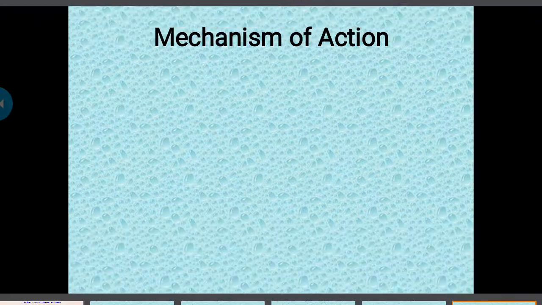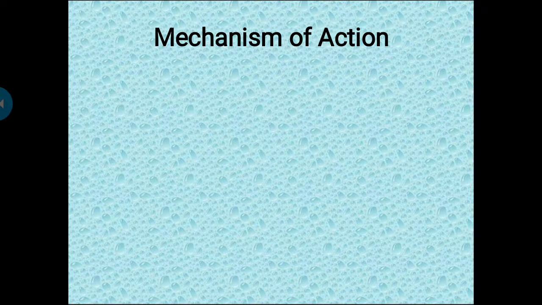Now, mechanism of action. It has a complex mechanism of action. Before we study the mechanism of action, I want to show you a video where you can understand the cell wall development in gram-positive and gram-negative bacteria, and how different cell wall synthesis inhibitors act.